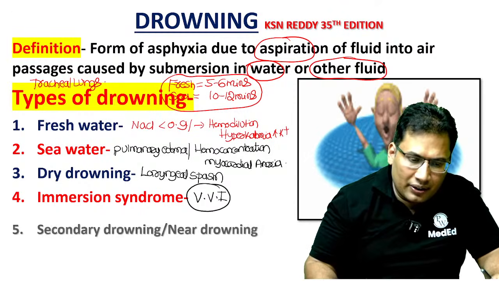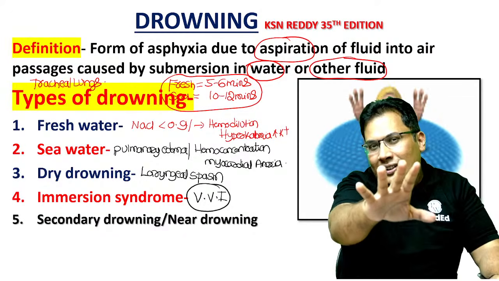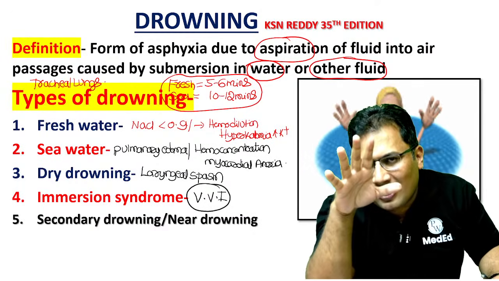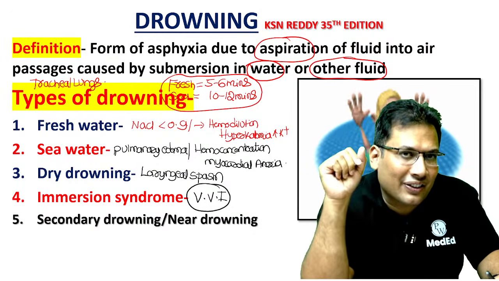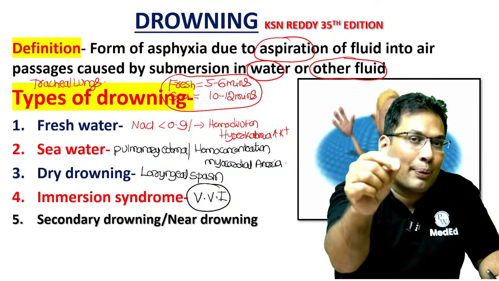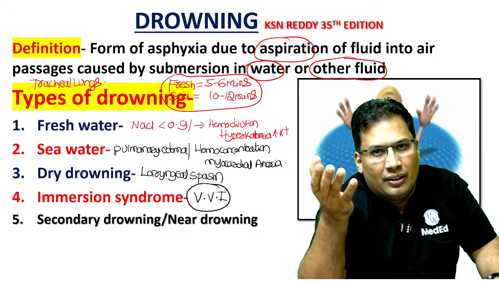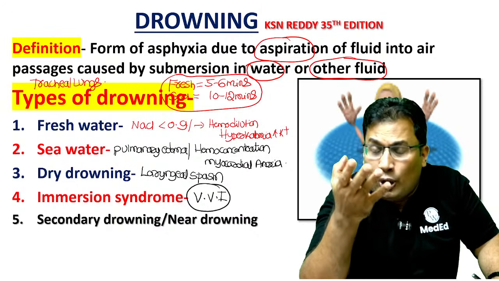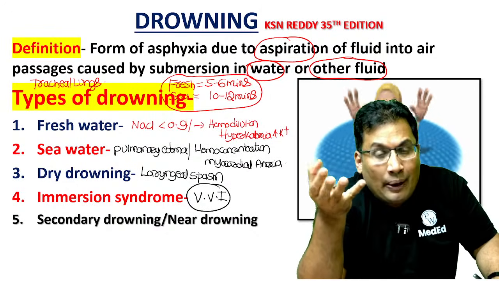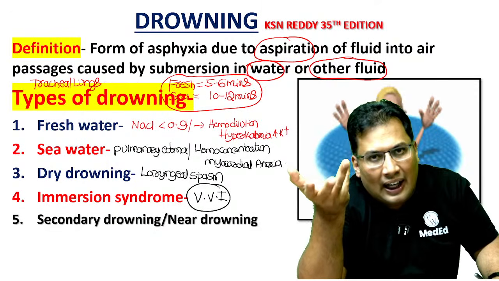Next comes secondary drowning. In secondary drowning, the person dies because of secondary complications, for example cerebral complications, so there can be encephalitis. There can be pleural effusions, peritonitis, pleuritis, and death.